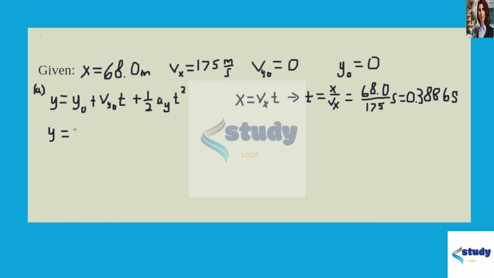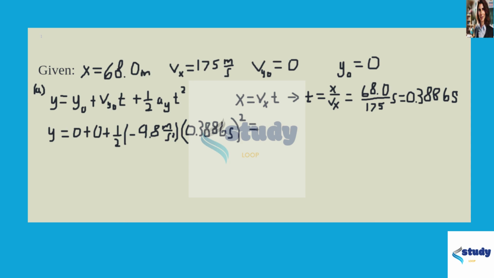So y is equal to, y naught is 0, v of y is 0, so 0 times t is 0, plus 1/2 a of y, which is minus 9.8 meters per second squared, and then we just found t, which was 0.3886 seconds, squared.